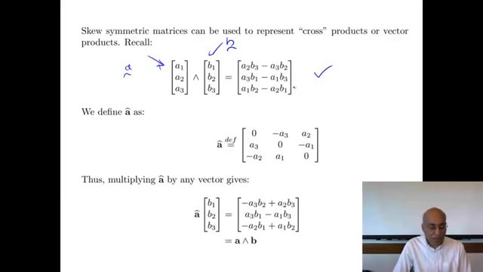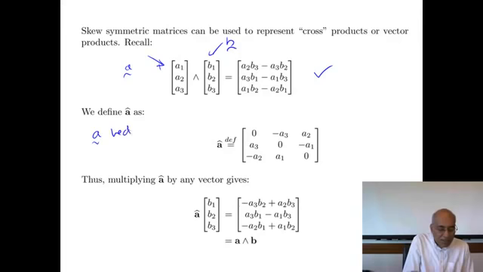This you can look up. Here is a new idea. We are going to take a vector A, which is a vector in R3, and make a matrix A hat, which is a 3 by 3 matrix.